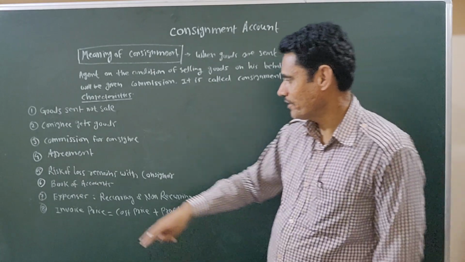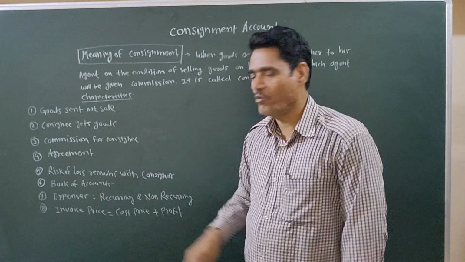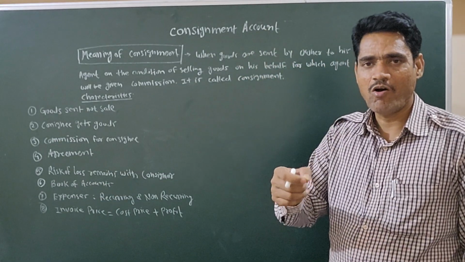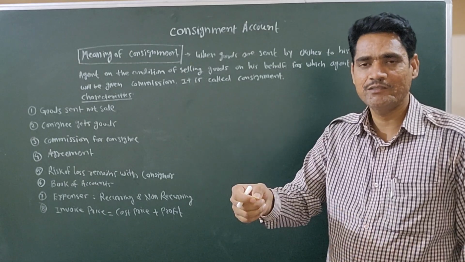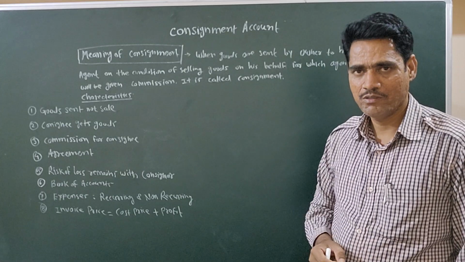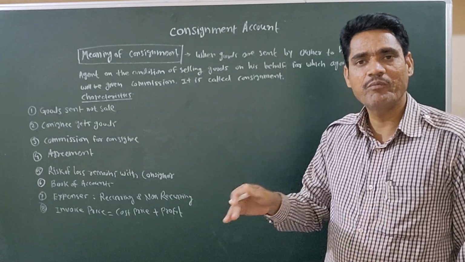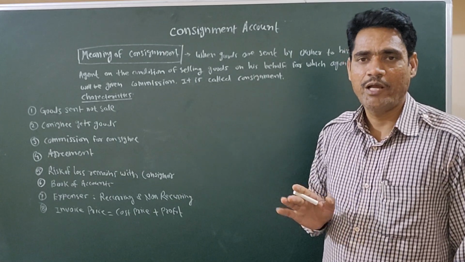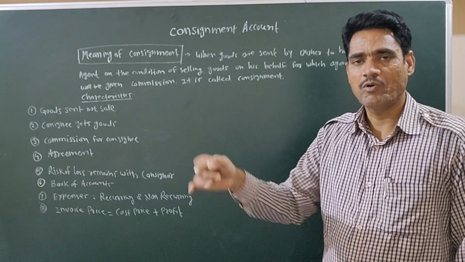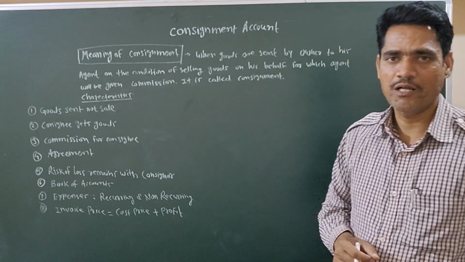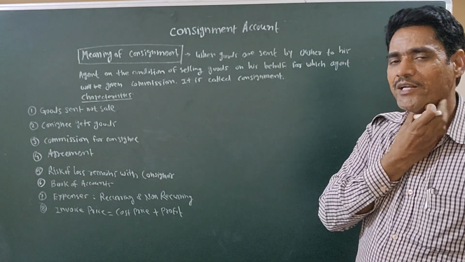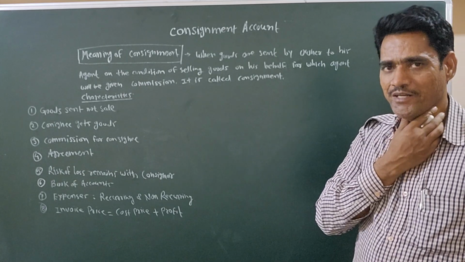Next, books of accounts. The owner or consignor maintains his own books. He creates a consignment account, and the total transaction is put in this consignment account, debit side, credit side, and the consignor's account is there.